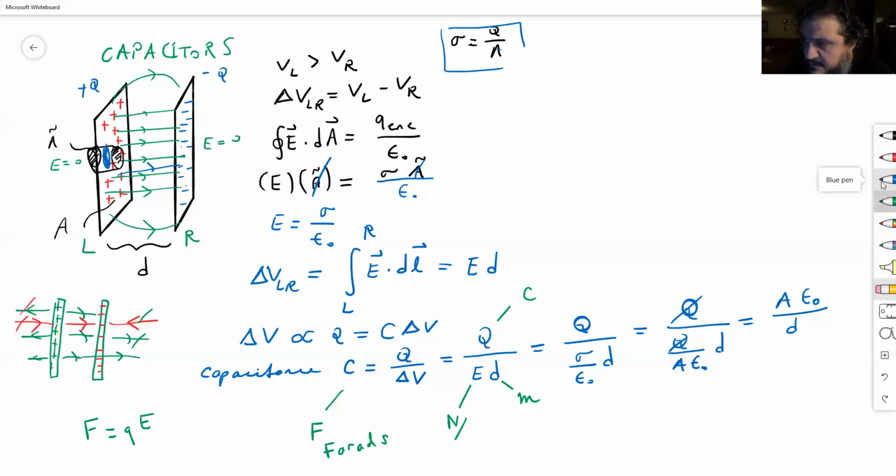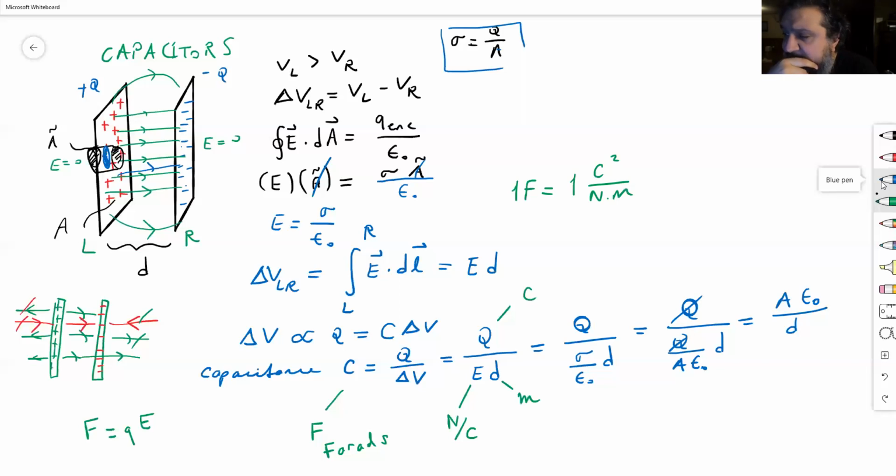So 1 farad will be equal to 1 coulomb squared per Newton meters. That's what it's equivalent to.